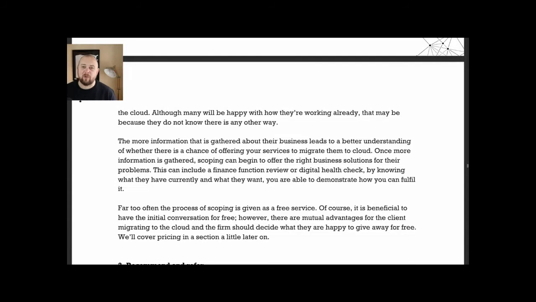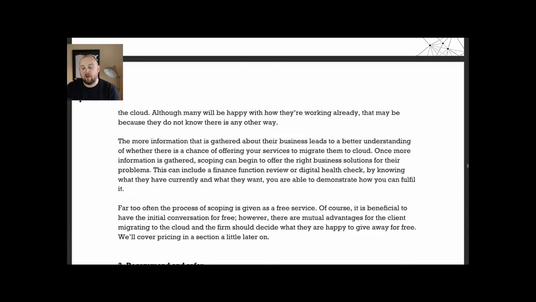Now, far too often I see this service given away. We'll have a discussion, see where you need. Now, what I would really think about within the scoping world is you have a discussion, high level initially, which doesn't go on for hours. It's literally probably half an hour, 40 minutes. And what you're trying to understand is any gotchas in what they're asking for to a high level, and also that you're compatible with them. Are you compatible with the people here? And is your service compatible with what they want?